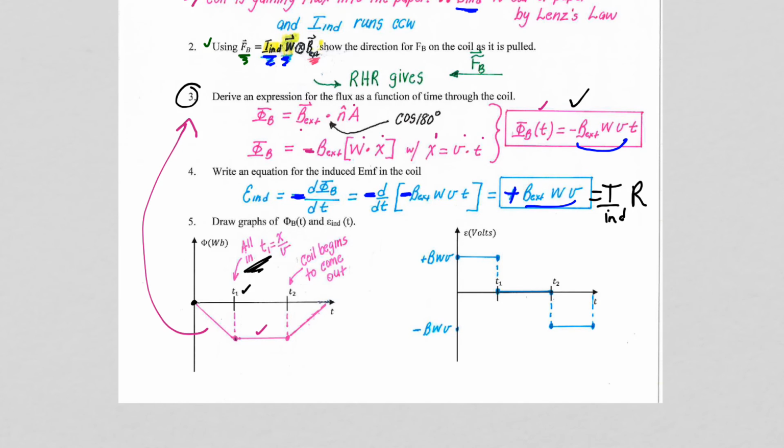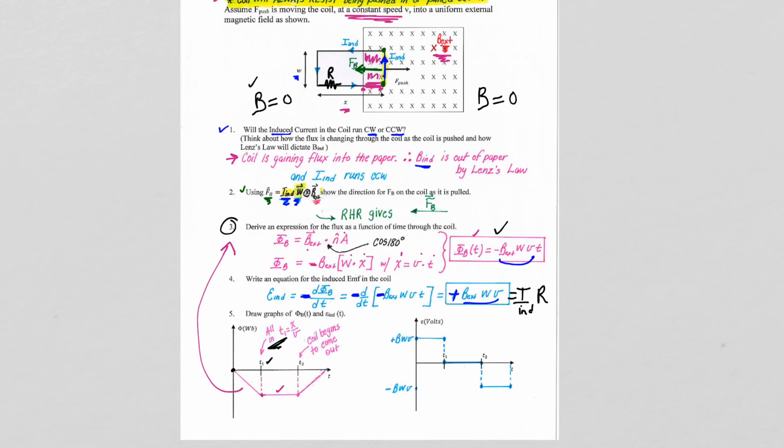And I hope, as you can imagine, now we're not going to solve it, but if you want to solve it yourself, take a look at what happens when the coil gets pulled out and you begin to lose flux. So now nature, Lenz's law, wants to make I induced into the paper as you begin to lose flux into the paper.